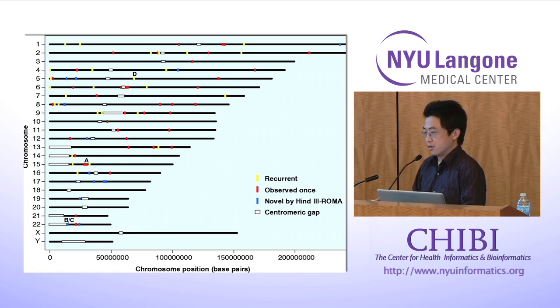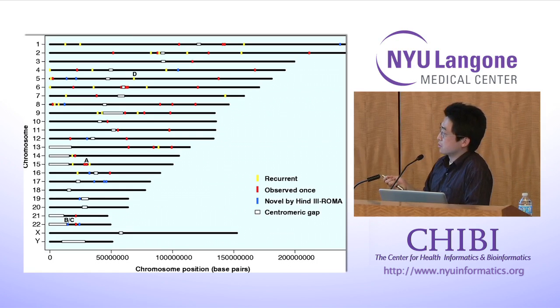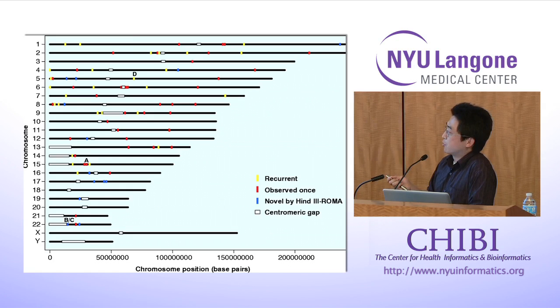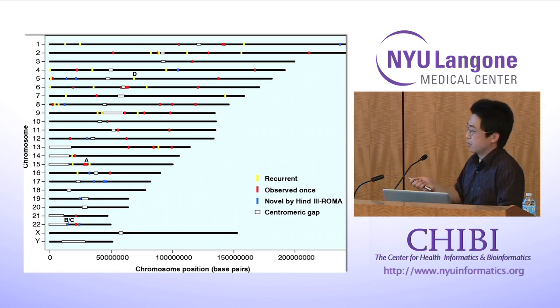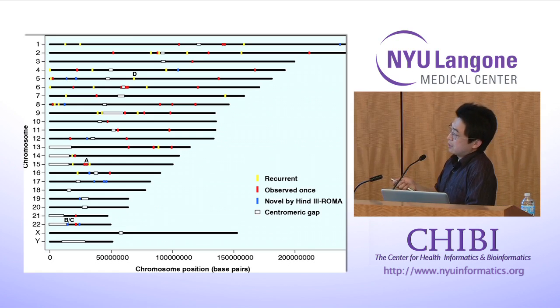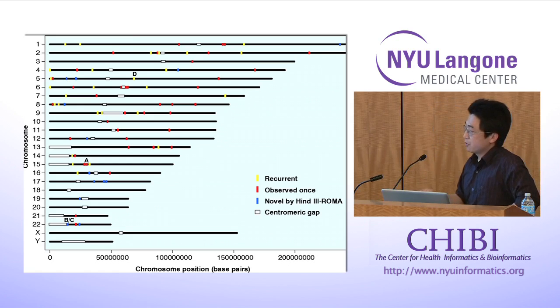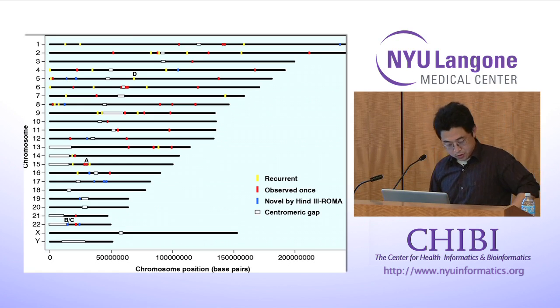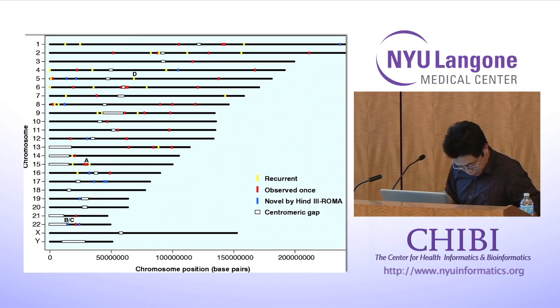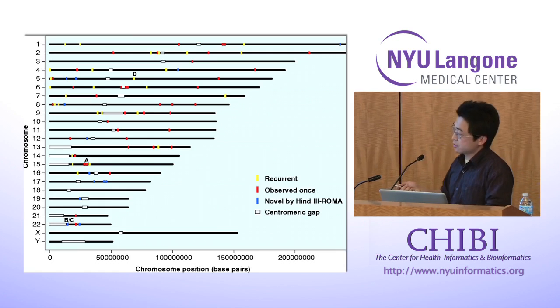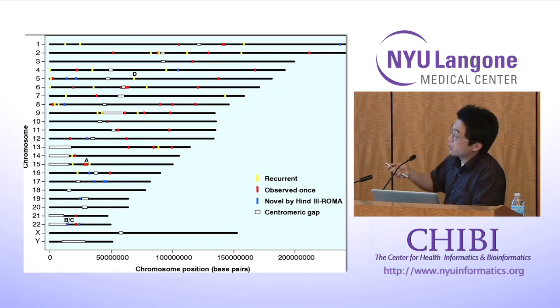They developed a ROMA system, which is short for representative oligonucleotide microarray. To develop that array, you need a lot of bioinformatics work to pick the probe sets to represent the genome. And from that study, they used 20 individuals and discovered about 220 regions.